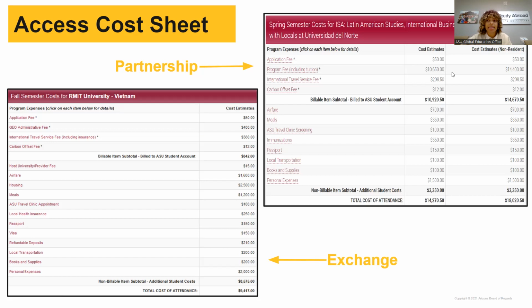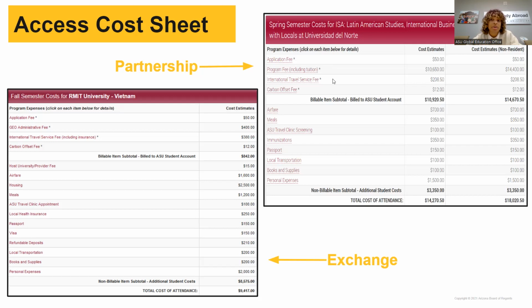On the right side, this is an example of a partnership program cost sheet. And it's very similar. So what you're seeing billed to your ASU account in this example is the application fee, the program fee. So again, this will include things like housing, some transportation.